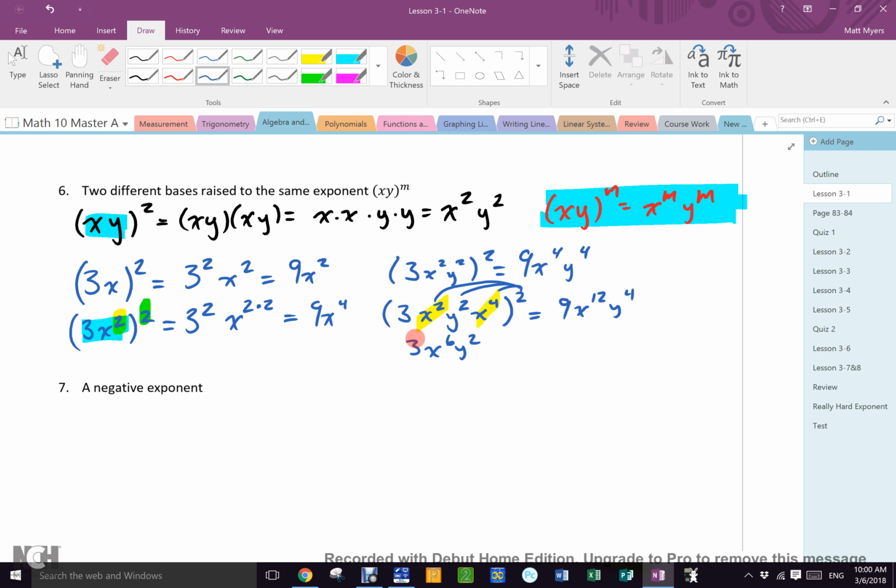That x to the -m is the same as 1 over x to the +m. Does everybody understand that? The negative gives us the same value, but it's reciprocated. Is everybody cool?